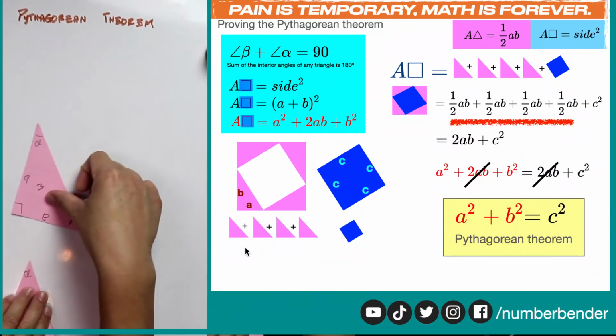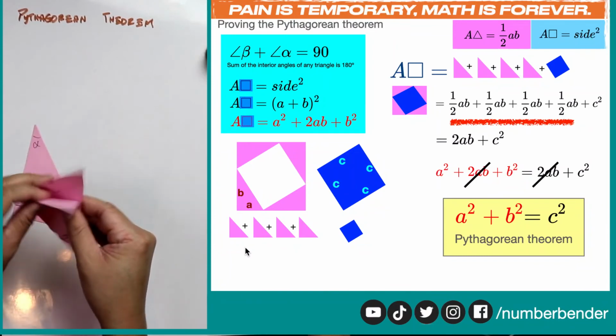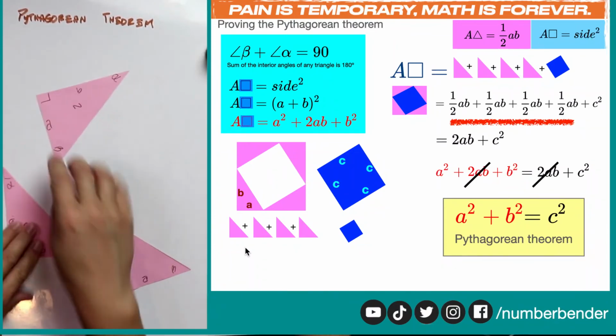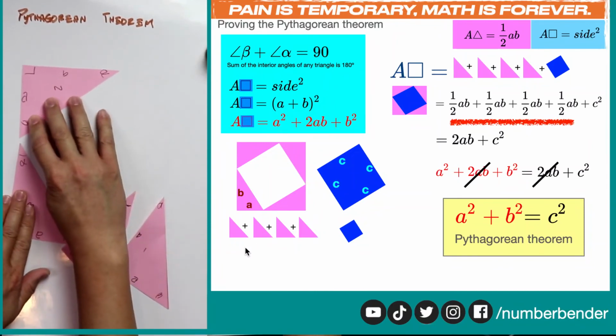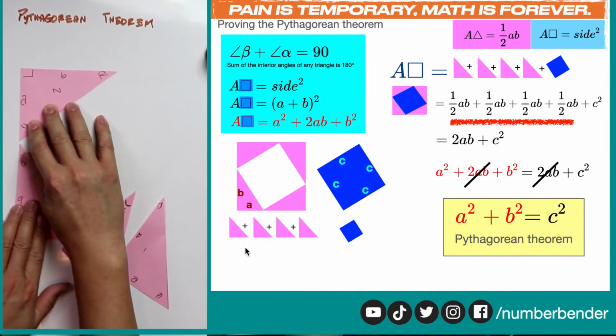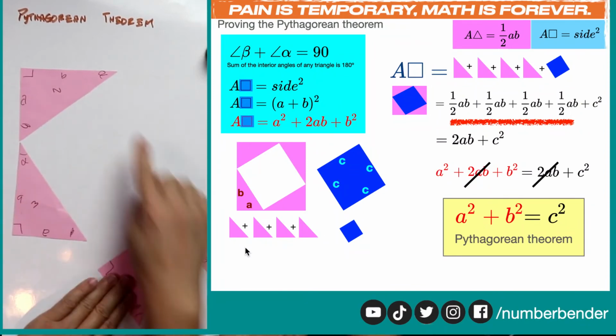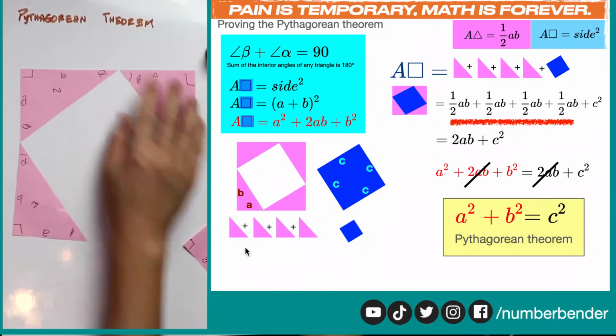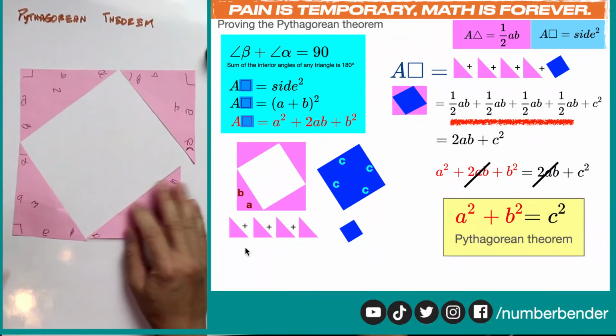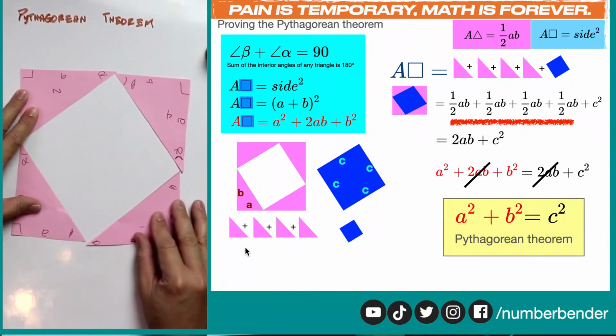So by duplicating it, we have one triangle, we have the second triangle, and we're just going to put alpha and beta right next to each other. And by doing so, we're able to create our square.